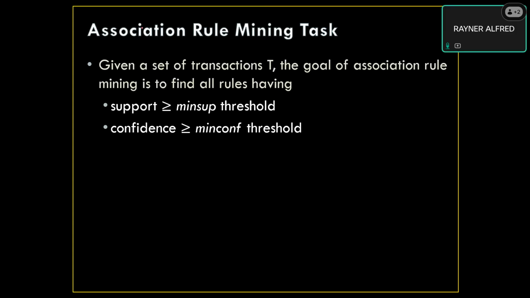So the task that we can do for association rules is that, given a set of T transactions, the goal is to extract association rules. The rules that we want to extract must have support greater than the minimum support, which is defined by the user, and the confidence must be greater than the minimum confidence threshold.